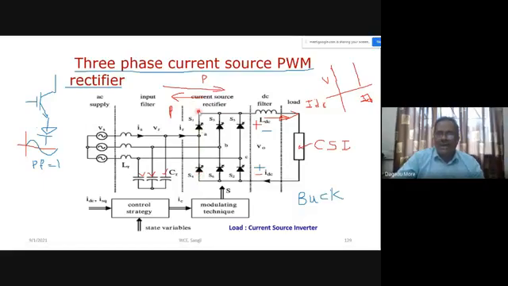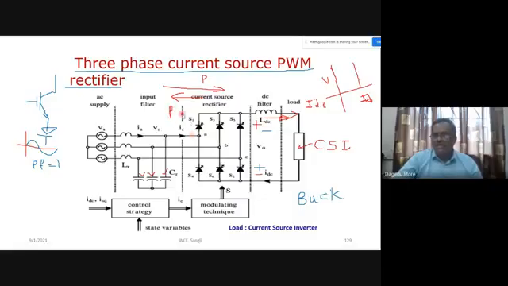Here the devices in one leg can be made on. So S1 and S4 can be made on at a time. Similarly, S3 and S6 can be made on. S5 and S2 will be made on simultaneously. But S1, S3, S5 cannot be made on simultaneously because our capacitors will be shorted. Similarly, S4, S6, S2 can't be made on simultaneously. Whereas in the case of VSI, we have seen that we cannot switch on the devices S1 and S4.